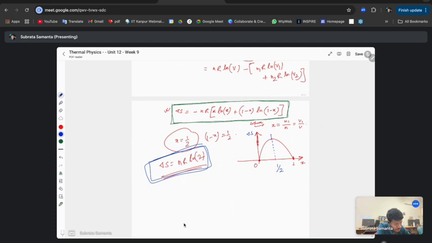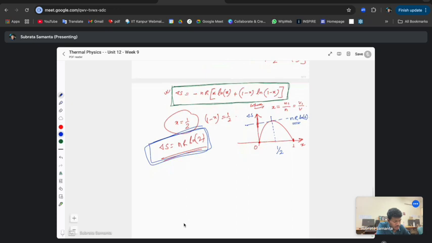This value is basically N R ln 2, if N is the total number of moles. So this is the maximum entropy. When x is 1, the change in entropy is 0; when x is 0, again the change in entropy is 0; but it is maximum when x equals half.